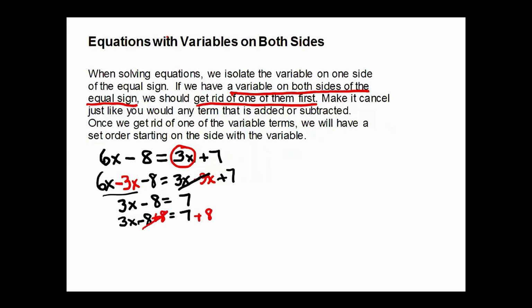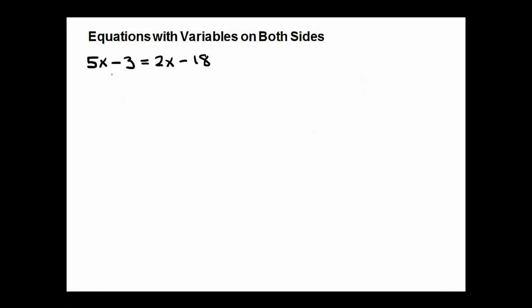This one cancels out. On the left, we have 3x equals, on the right, 15. And now back on the side with your variable, you're going to divide out your coefficient. So we're going to divide on both sides by 3, and we clean up, gives us x equals 5.